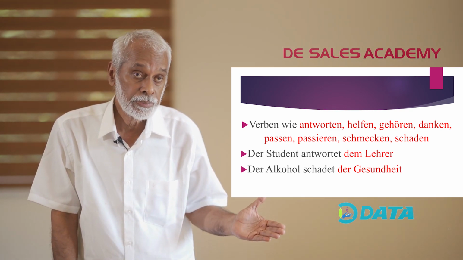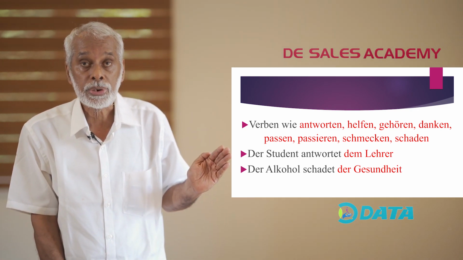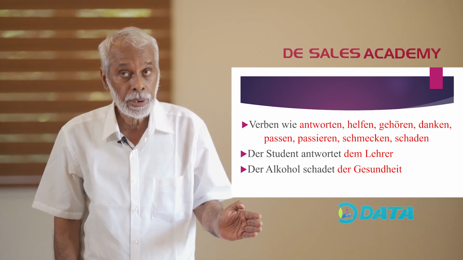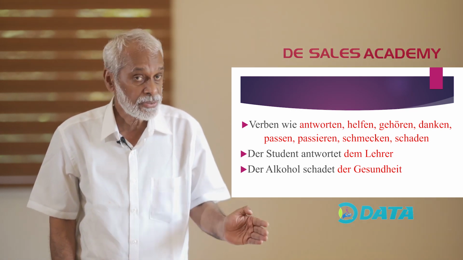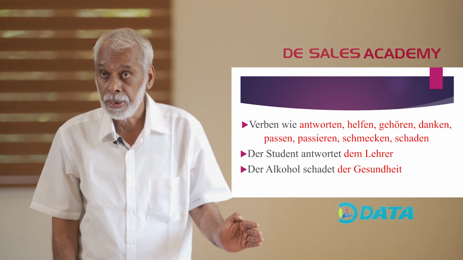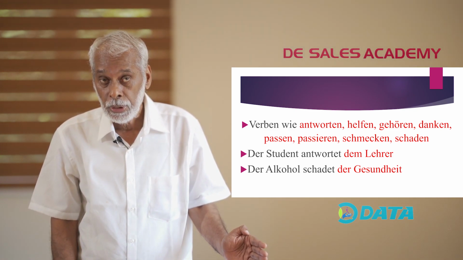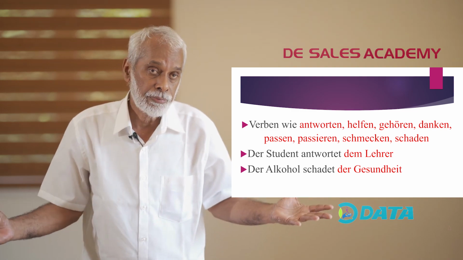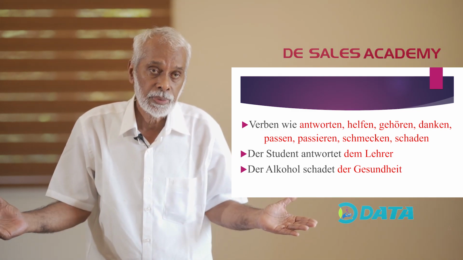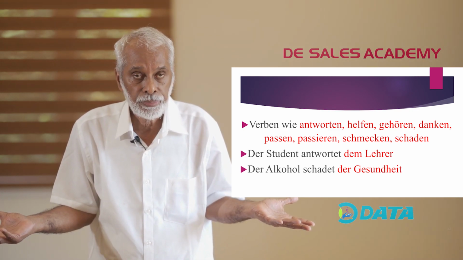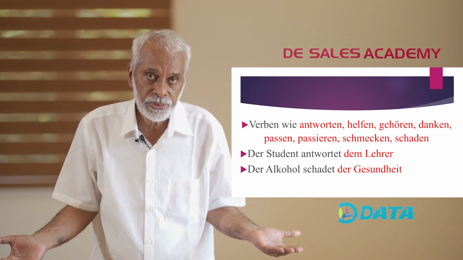Some verbs like antworten, helfen, gehören, danken, passen, passieren, schmecken, schaden, are all with dative. It is like that. There is no logical explanation for that. You have to learn it like this.